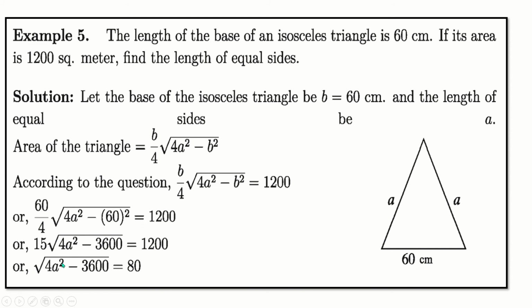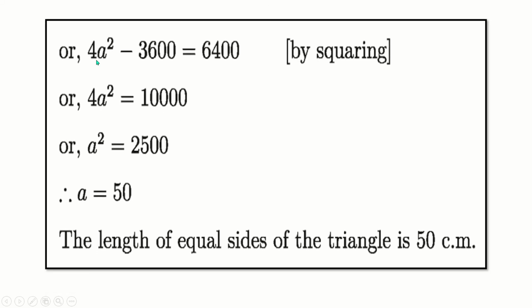Now calculate. We will get 15 square root of 4A square minus 3600 equals 1200, and 1200 divided by 15 we get 80. Now follow the solution. 4A square minus 3600 equals 6400. Therefore 4A square equals 10,000. Therefore A square equals 2500.